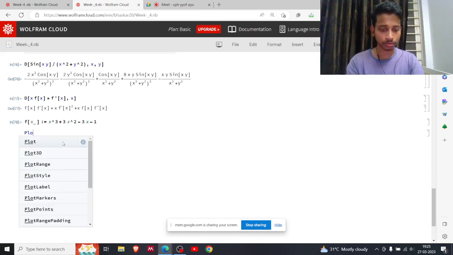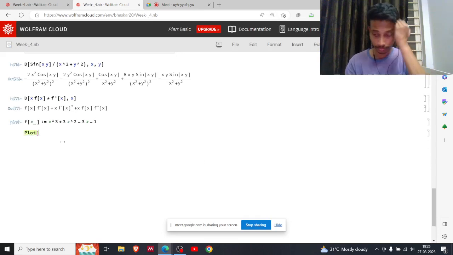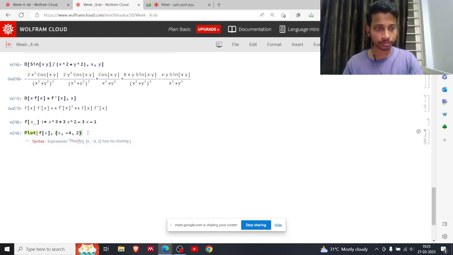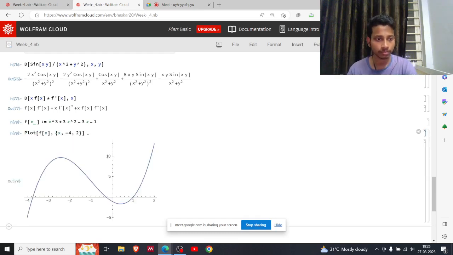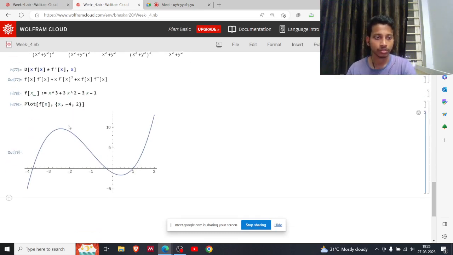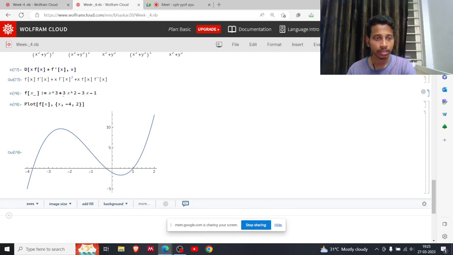Okay, so now plot of f x comma x from minus 4 to 2. So this is the plot of the function x cube plus 3x square minus 3x minus 1.